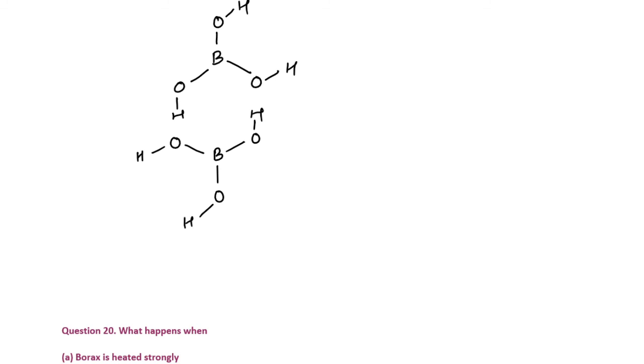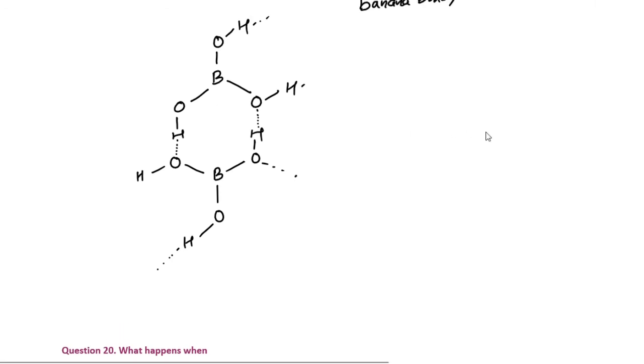You can write 2 units only. See, the H of one forms a hydrogen bond with the O of the other unit, and the O of one forms a hydrogen bond with the hydrogen of the other, like this. In this way you can write the structure for boric acid.